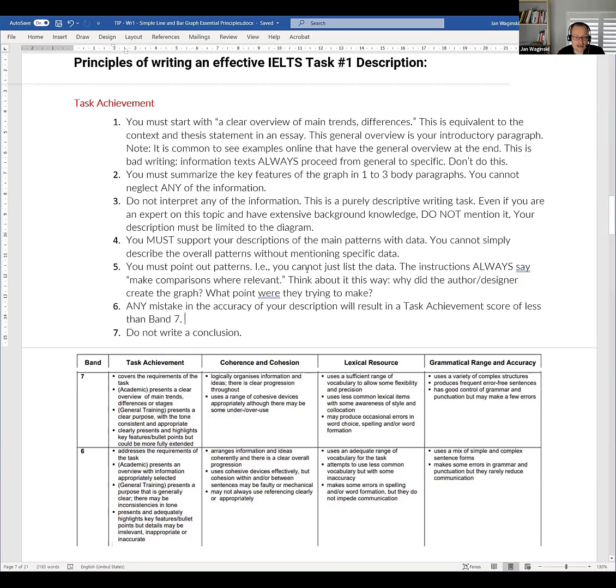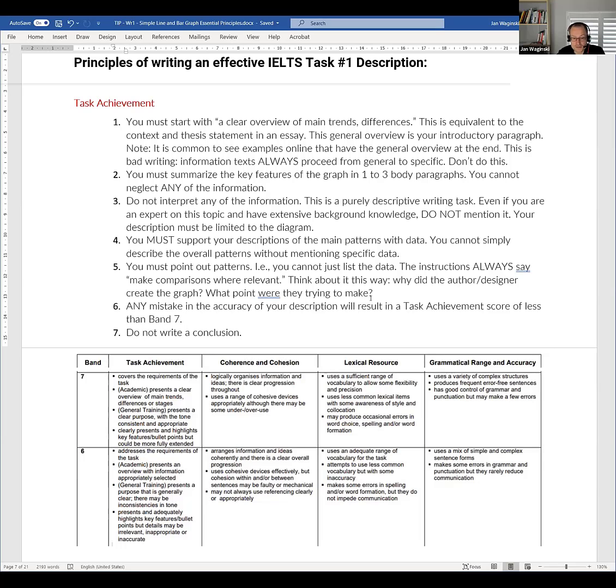You have to be very careful about accuracy. In the Band 6 descriptor, it says here at the bottom, details may be irrelevant, inappropriate, or inaccurate. So if the examiner notices that any of your numbers are inaccurate, you're getting a 6 or lower, depending on the number of mistakes. Sometimes I hear people say, oh, a friend of mine made some mistakes in the graph, which she only noticed later, but she still got a band 7.